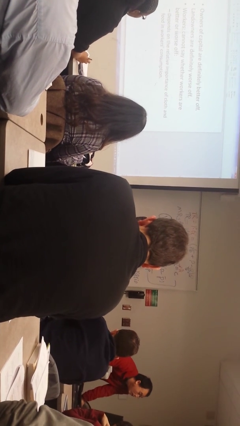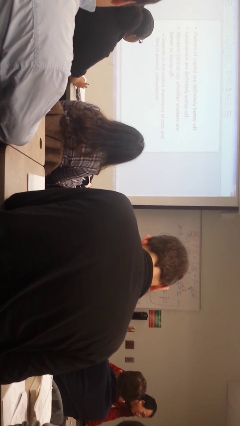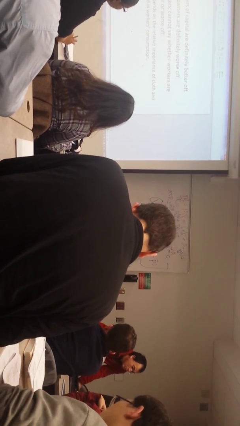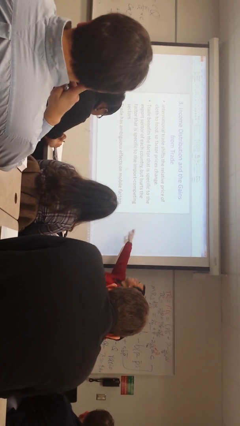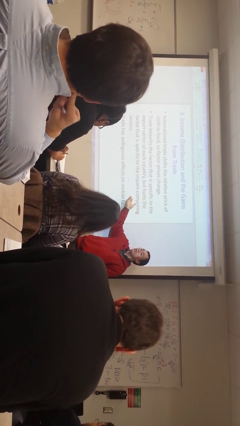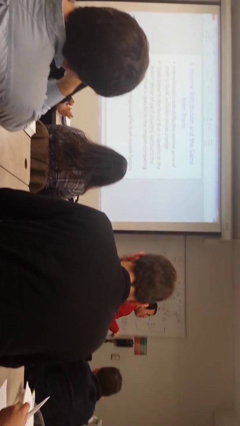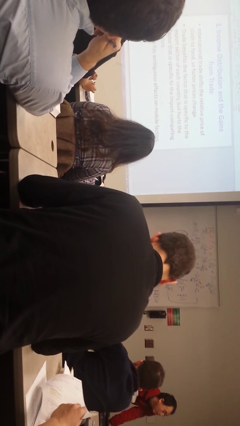Specific factor model, chapter 4. So the income distribution effect of trade, this slide is the same as the previous slide. If you understand this one or the previous one, either one is fine. The two slides are about the same material.